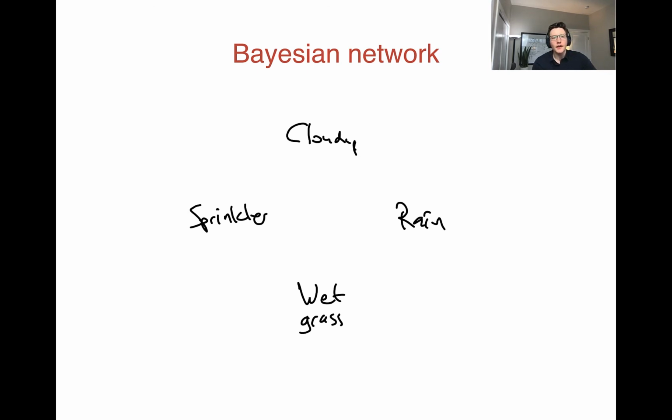So we're going to draw an arrow from one variable to another if there's a conditional dependence from the parent to the child. So, for example, in this case, if it's cloudy, it's more likely to rain. So there's a conditional dependence there. If it's cloudy, perhaps the owner of the house is less likely to turn on the sprinkler.